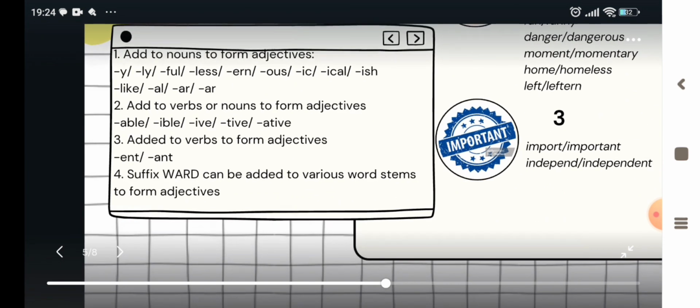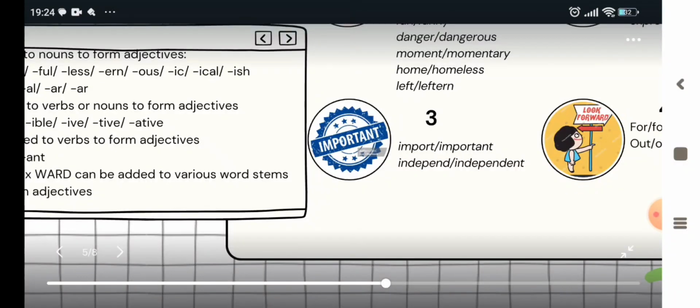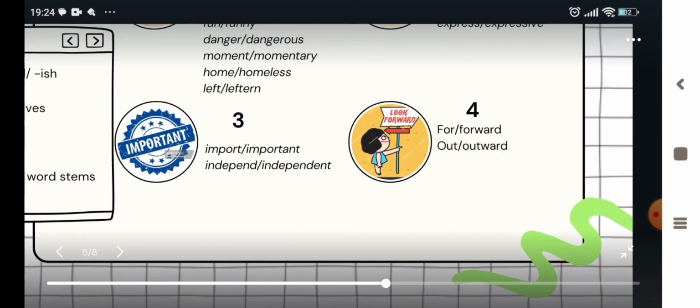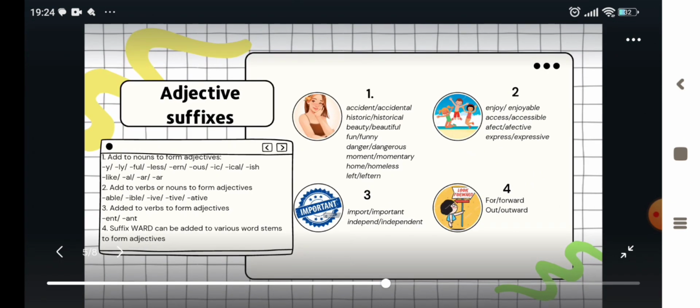Okay, in this case, also the meaning and the sense is changing. Okay. Fourth, the suffix ward can be added to various word stems to form adjectives. For example, forward, outward. So remember the uses and how we make these adjective suffixes.